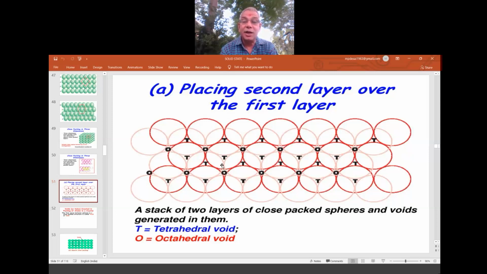But here I have written the English alphabets T and O. What do T and O stand for? T stands for tetrahedral voids, and O stands for octahedral voids. What are these? These gaps or empty spaces are created by the particles in the structure only.